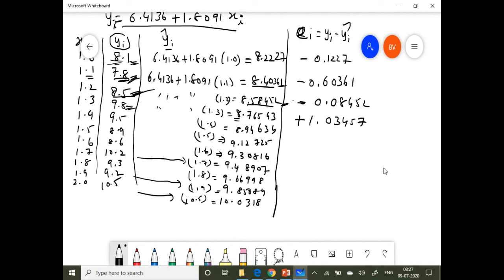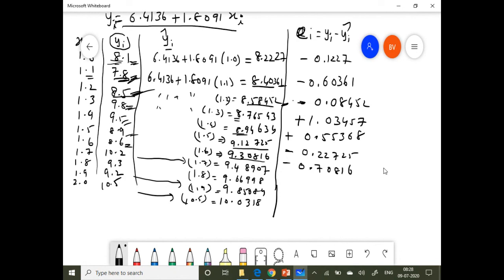Next, we have to do this for all the 11 elements. 9.5 is bigger than 8.9, so now we'll get a positive 0.55368. And from this one, 8.9 minus this term gives negative 0.22725. These are all the residuals. In this column we are finding residuals, right? Now 8.6 minus this one, the first number is smaller, so negative 0.70816.